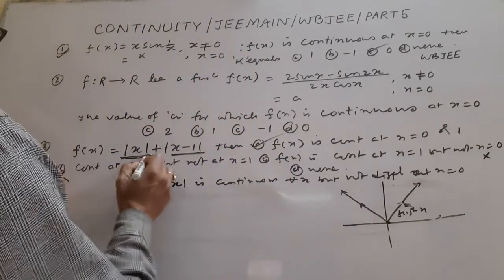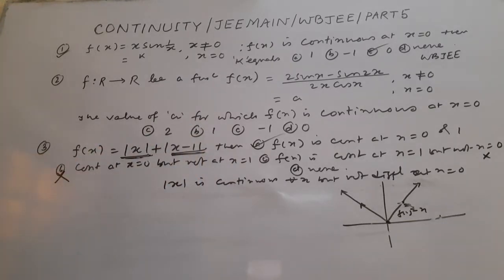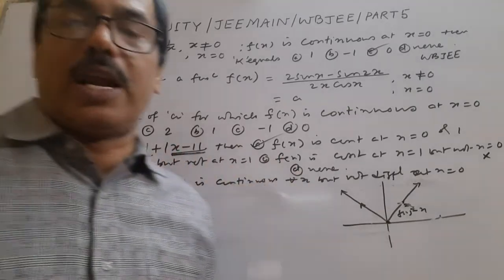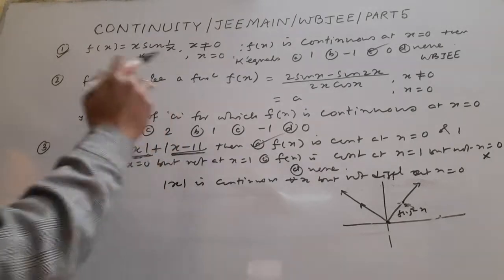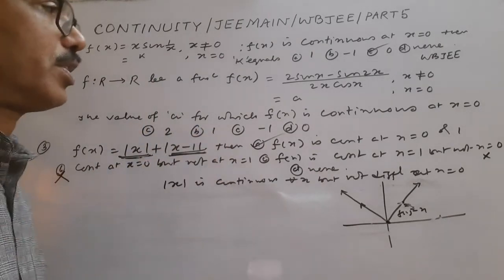So |x| plus |x minus 1| is continuous for all values of x but not differentiable at x equals 0 and x equals 1. Although it is not asked, it is a well-known problem for differentiation.